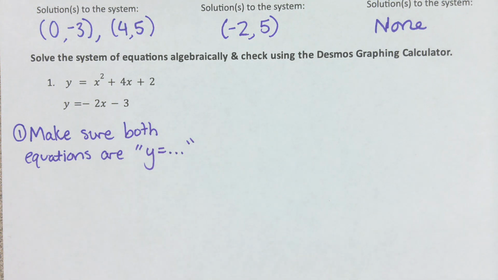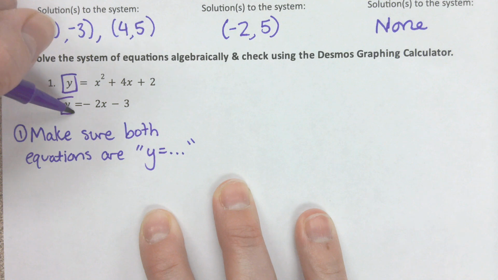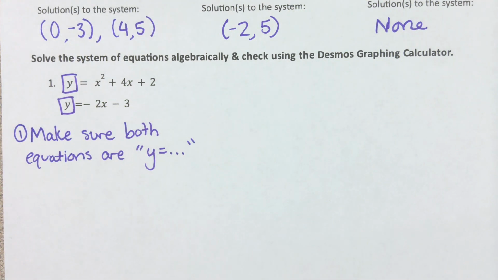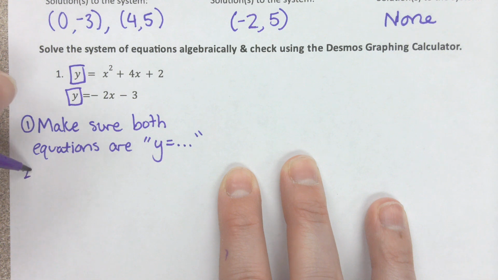You just want y on the left side. Looking at our equations, we have y equals x squared plus 4x plus 2, and y equals -2x minus 3. We have y equals just y on the left side. That's exactly what we wanted. So we can go right into the next step.